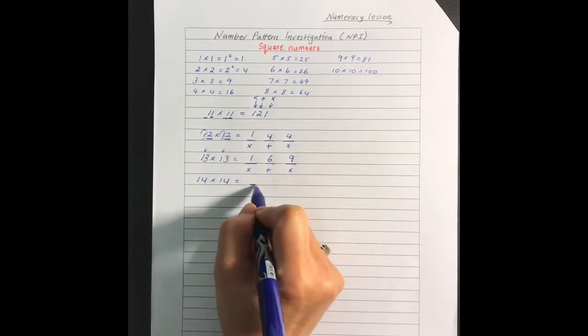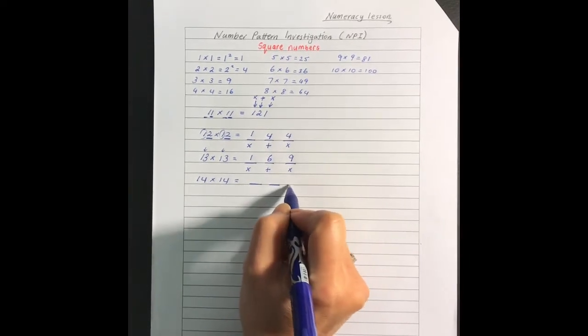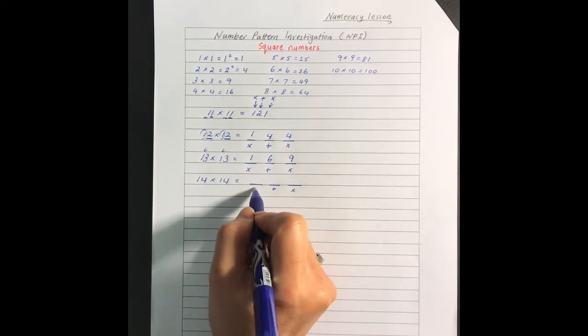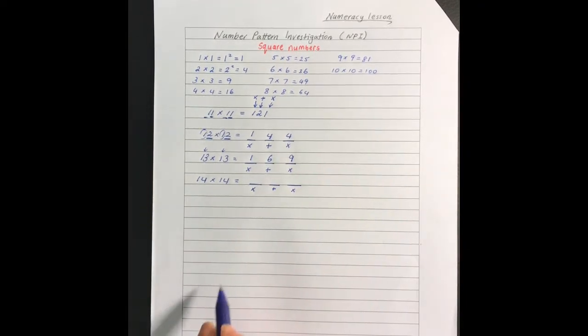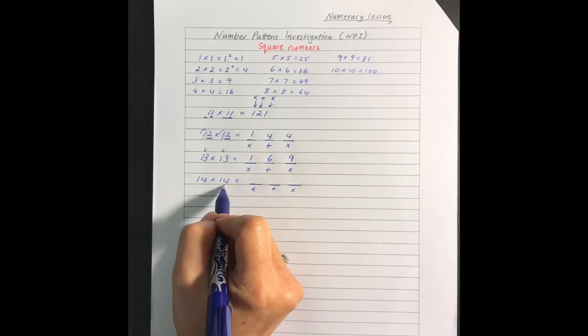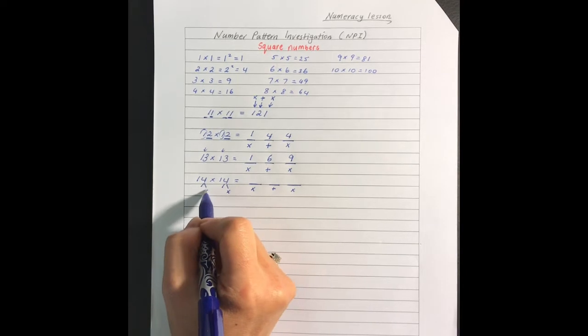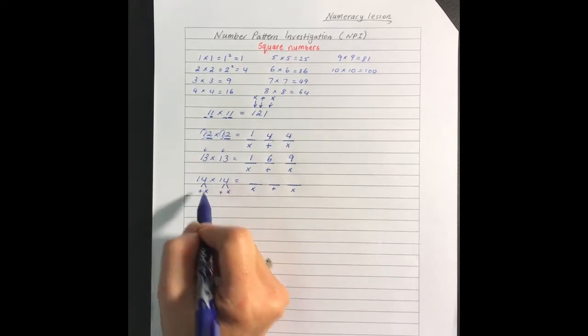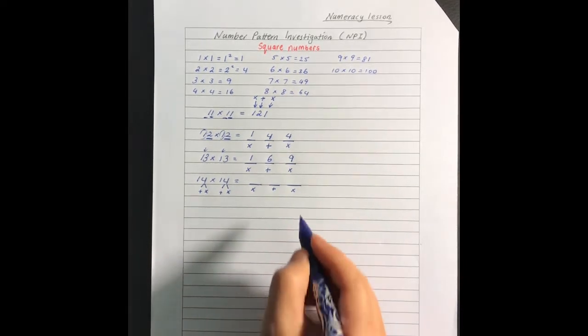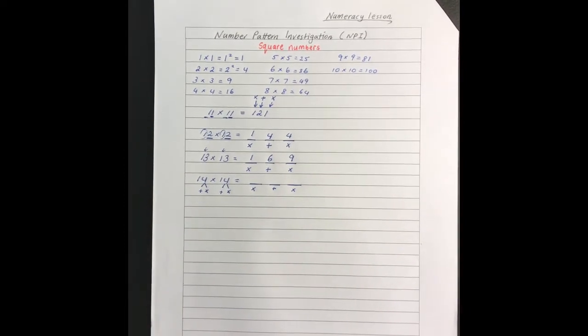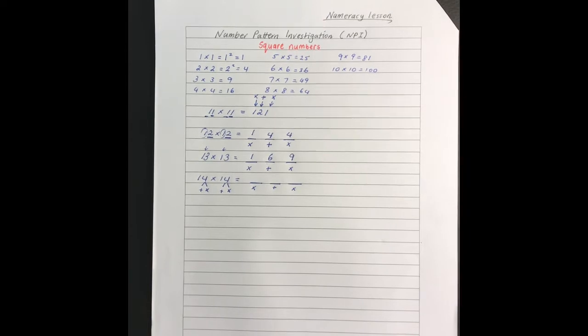Now, next one, 14 times 14. I want you to pause this video, maybe have a go at it. So I'm going to put times, plus, times. I've got to do the ones place twice: times, and then plus. So 4 times 4. Ooh, what's happening here now? It's not a one digit anymore, it's double.